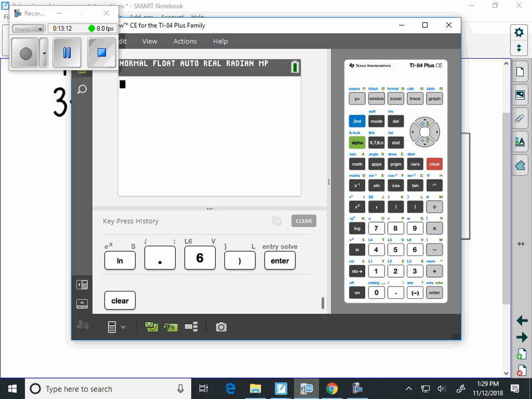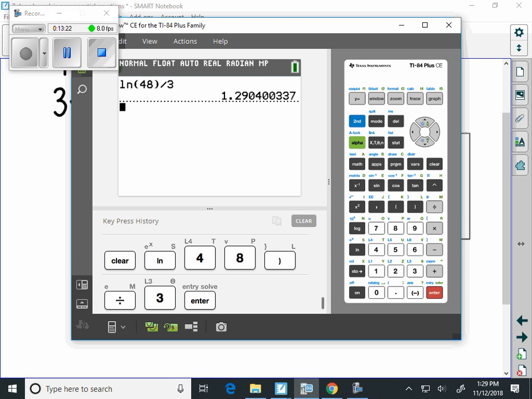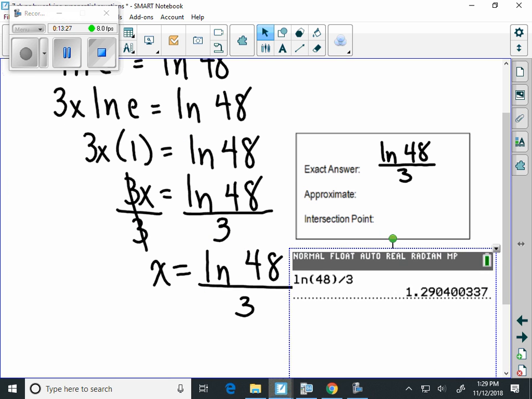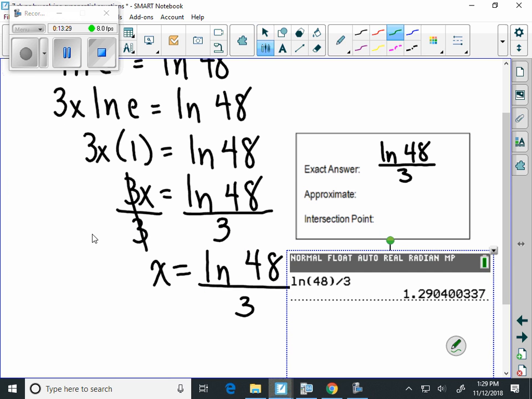Natural log of 48 divided by 3 gives us this. So we end up with 1.2904. Again, there's a 0 after the 4, so the 4 is going to remain the same.